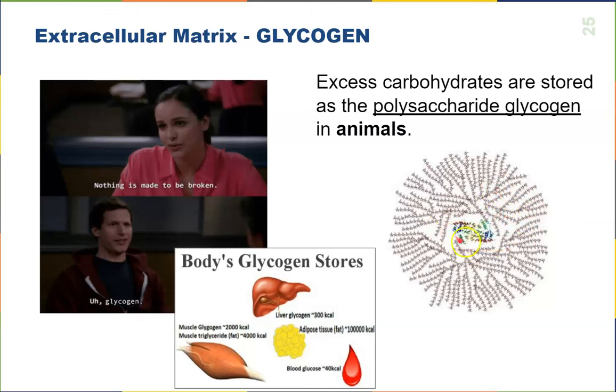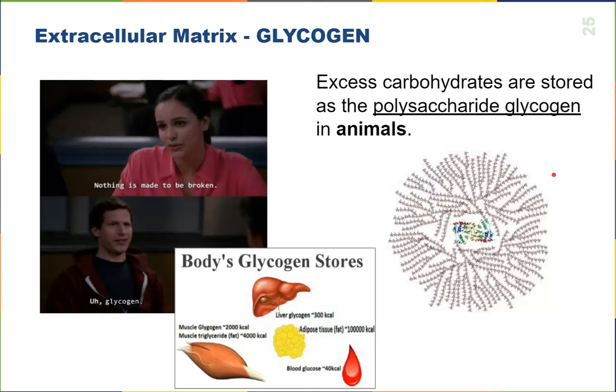This middle portion is a protein, which helps keep it in place. So each of these red structures is a monosaccharide, and that's how we store extra carbohydrates. So when we overeat and we eat too many carbohydrates, our body starts to store them as glycogen.